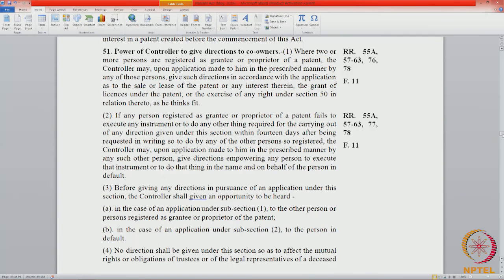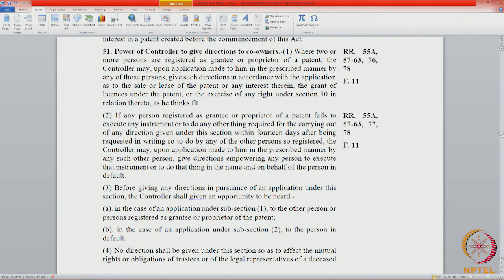So, you could use 51(2) to resolve a deadlock.